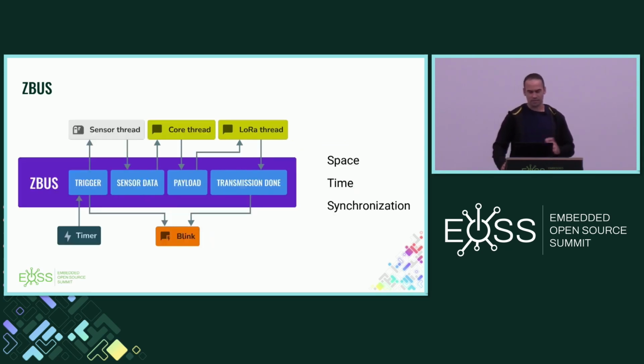One of the advantages of using ZBus is decoupling. When we have communication, there is coupling from the producer to the consumer. We can think of three general couplings. Space, when the producer needs to know the consumer. Time, when they need to work at the same time to make the communication work.